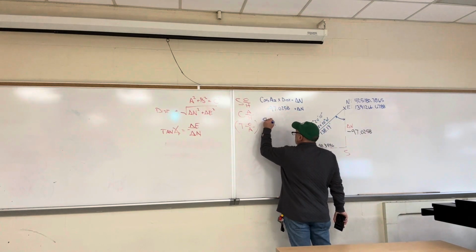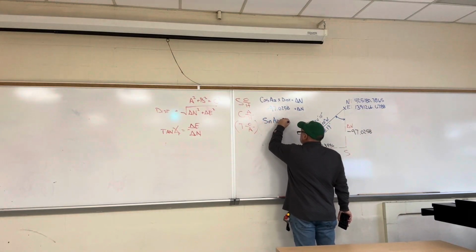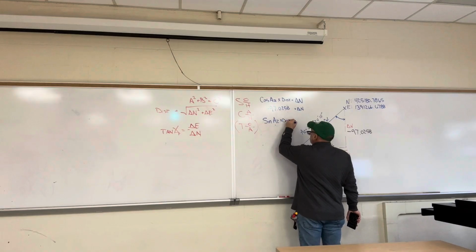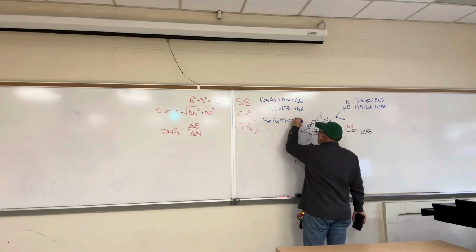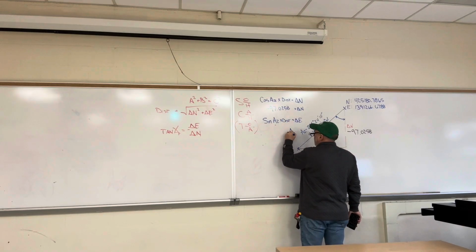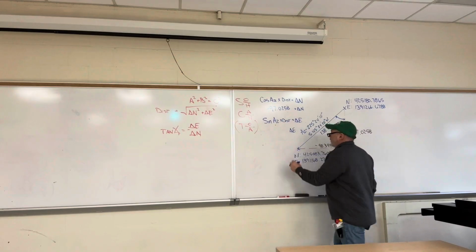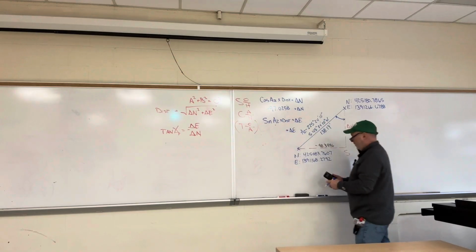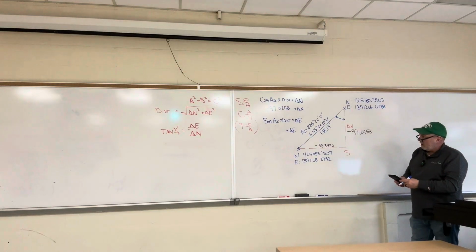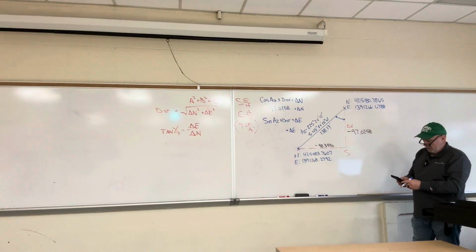So if you take the sine of your azimuth times the distance to find the difference in your easting, I take 225, 24, 10, take the sine of that times my 138.19.